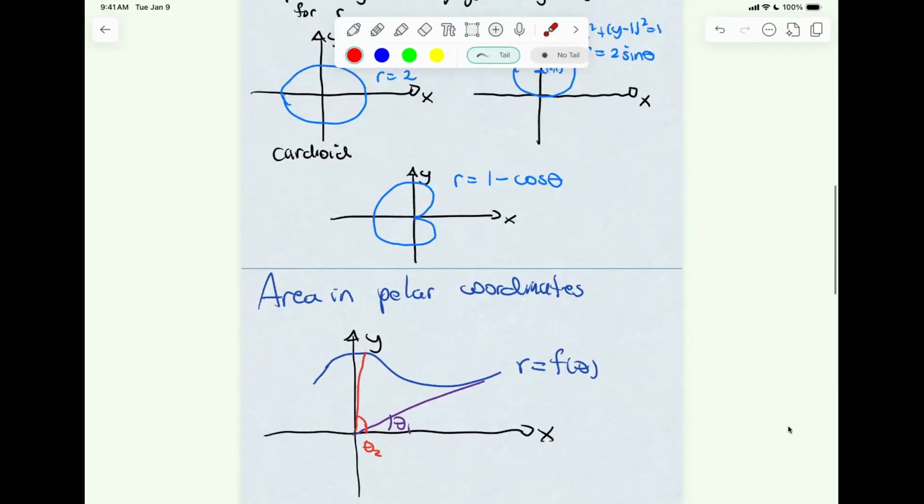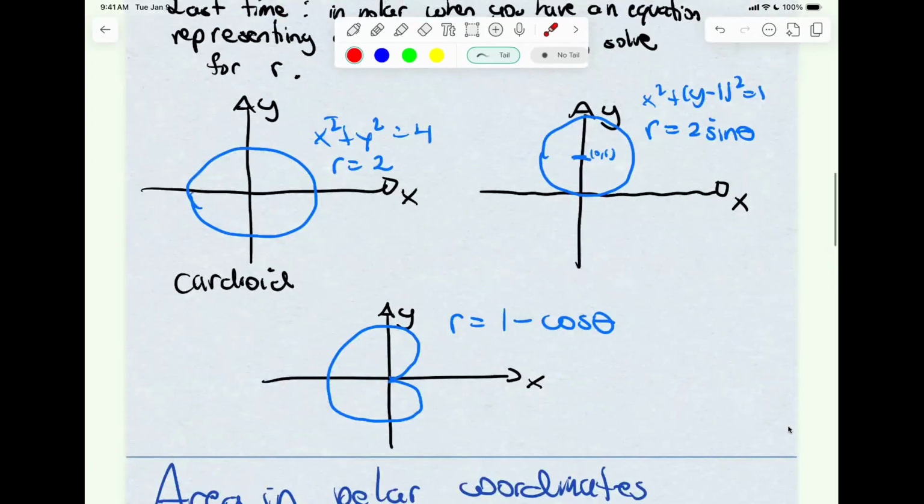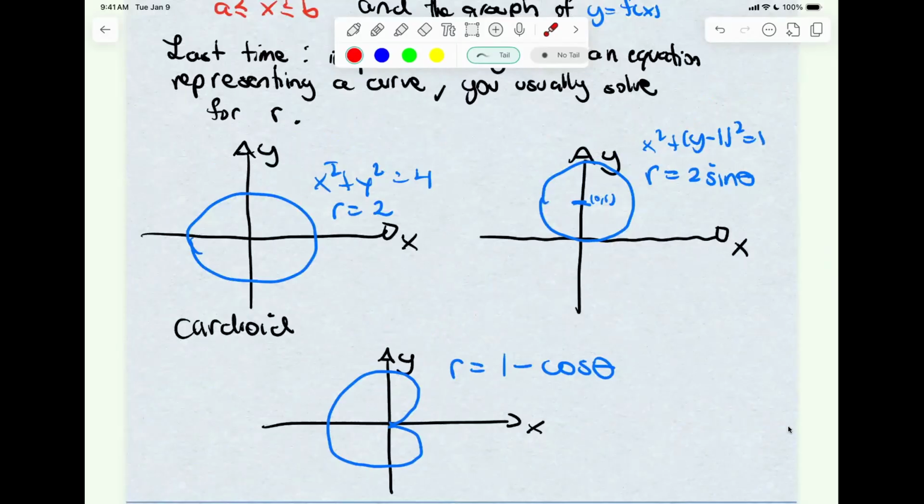Axes are labeled by X, but the curve is defined in terms of R and theta. Well, it is the same idea here, for example with the circle itself. As I think I mentioned in class, it is better to think about this as a translation. You have two different languages.